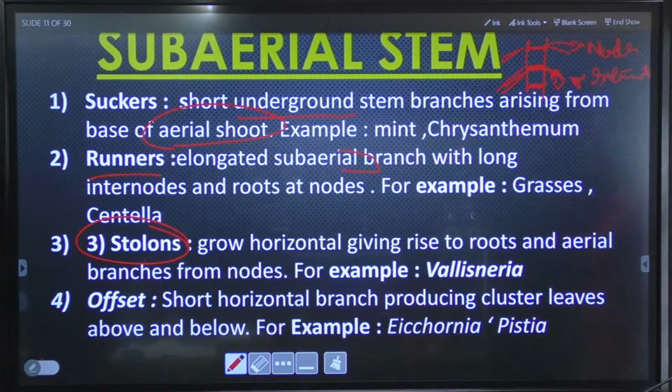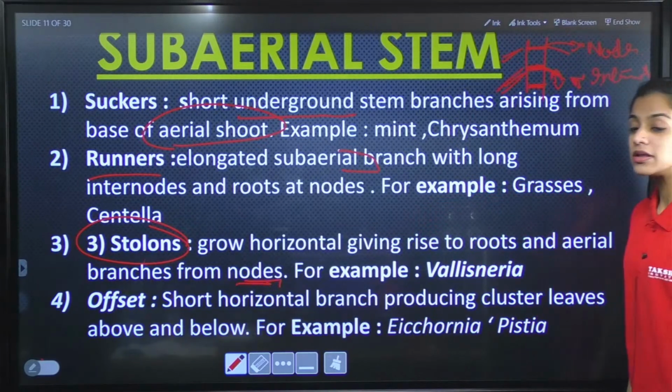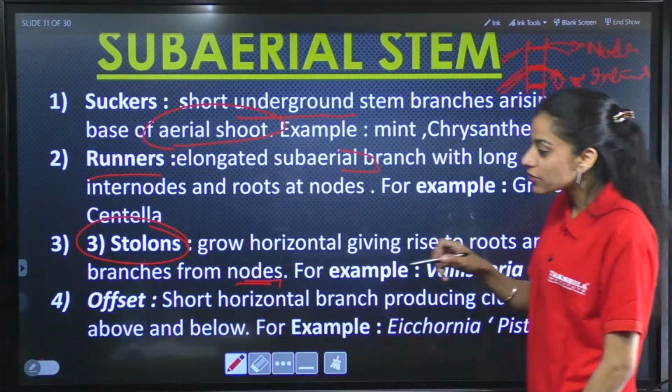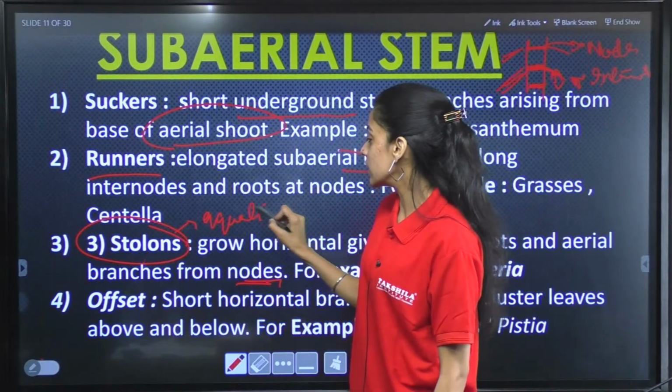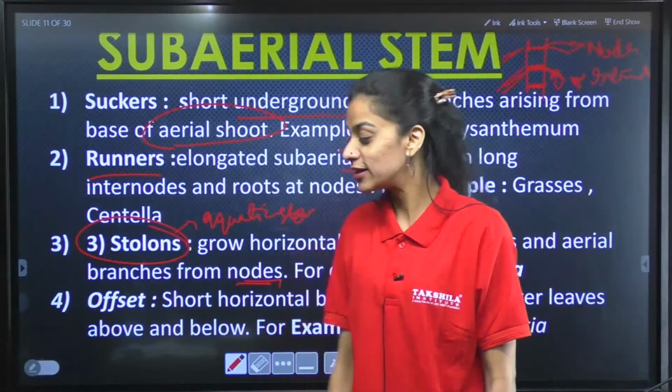So stolons grow horizontally, giving rise to roots and aerial branches from the nodes. For example, Vallisneria. Vallisneria is an aquatic plant. So you have to remember that the stolon is somewhat related to the aquatic stem, right?